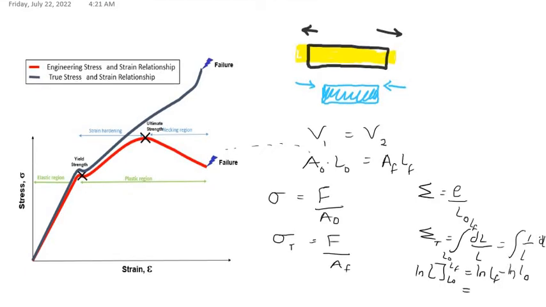And when you combine them under a single ln, it will give you ln of LF over L0. So that's your true strain.